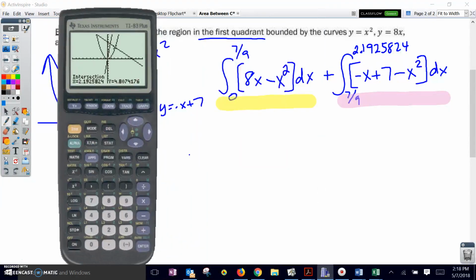And I'm going to go ahead and integrate that. I could integrate it by hand, but I'm going to go ahead and use the numerical integral.